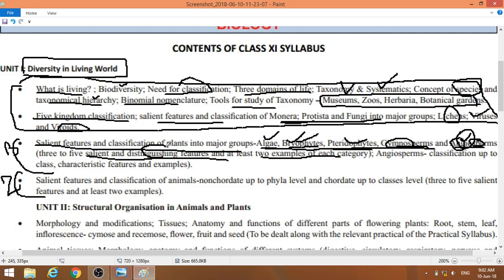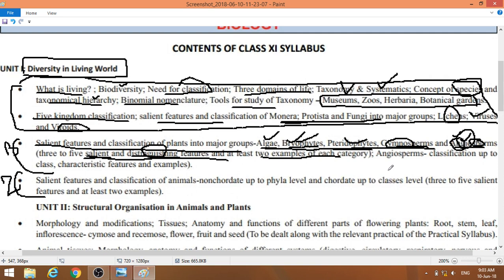Now what is a distinguishing feature? That feature which is peculiar to the particular class, which is not present anywhere in other classes, like pteridophytes. There are some distinguishing features like spores which are not present anywhere else, or in angiosperms you will find a fruit that's not found anywhere else. You have to study 5 salient and distinguishing features with examples.